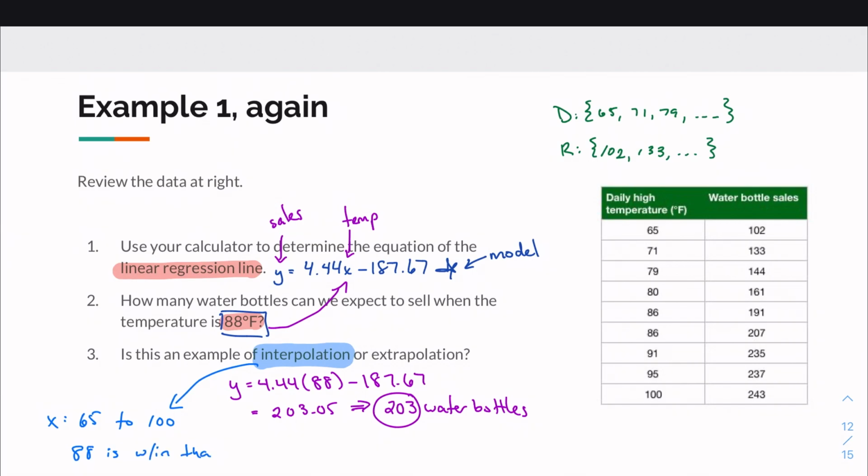I don't want to use range because we use range for something else in math, right? So within that span, that would make it interpolation. If I gave you like 50 or 110, that falls outside of the span, and that would be extrapolation. But in this case, it's interpolation because it falls inside my domain.